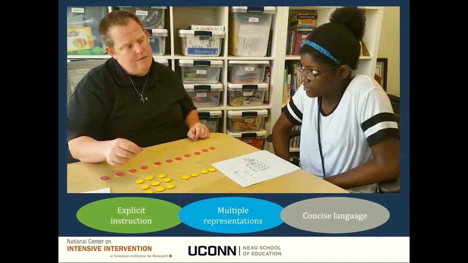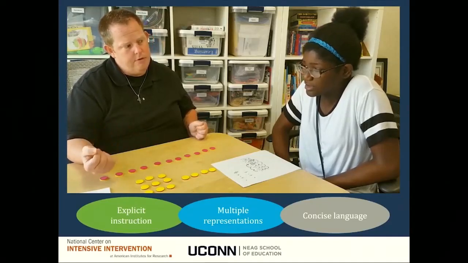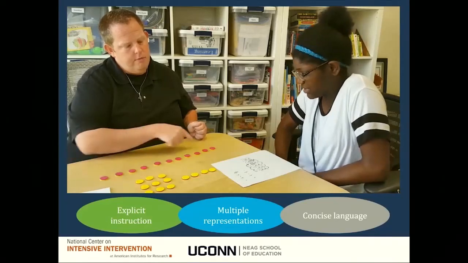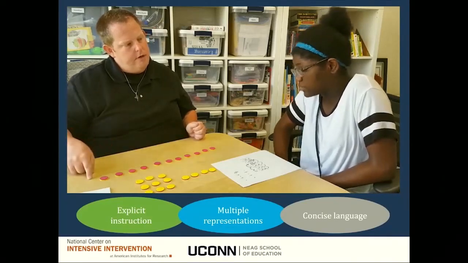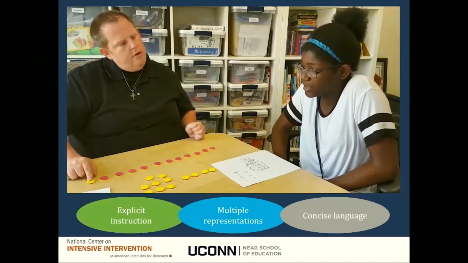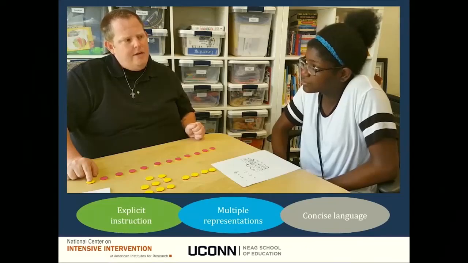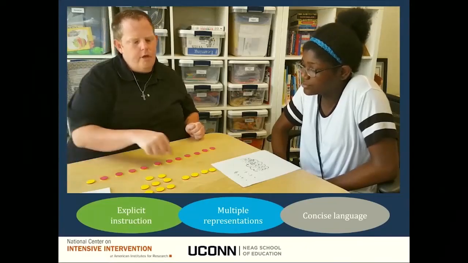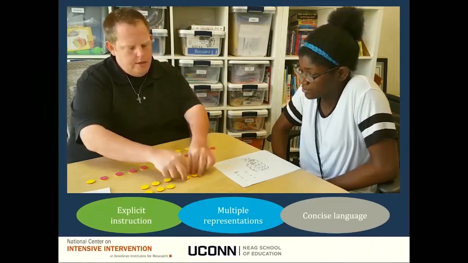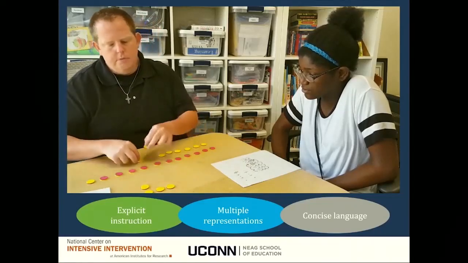Is that enough? Do we need one more? We have 11, but we need 12, right? So we need to put one more. It's going to be a yellow one because it's just going to be kind of a placeholder, okay? We're going to put the other yellow ones down there too, but they're just placeholders.